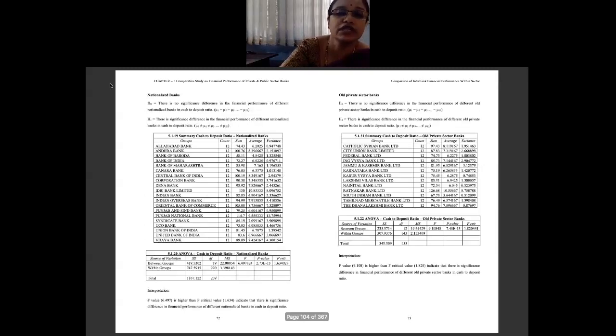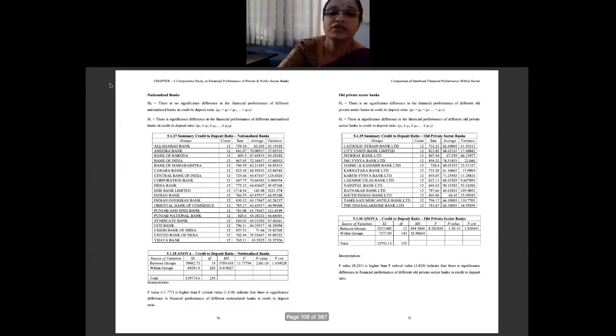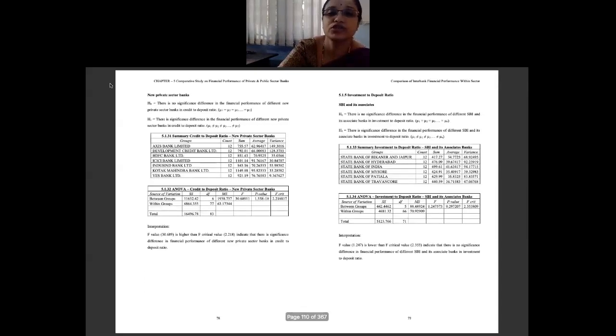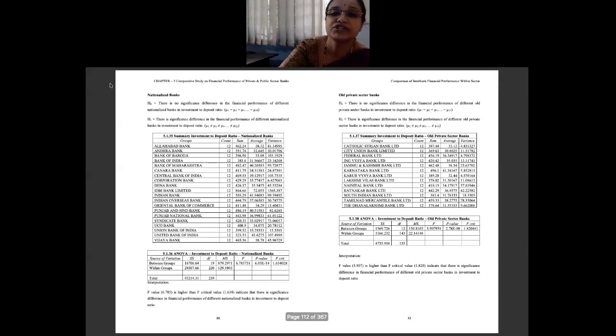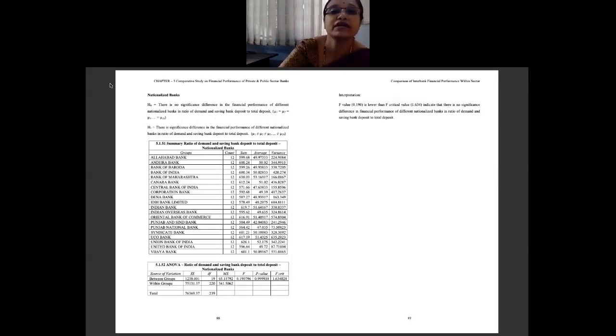They have given that in the form of an ANOVA table, because they have various different variables here that have to be measured. So different banks here. They've analyzed between groups and within groups. They've found out the F value, and for each F value, they've given the interpretation. This is the way they have done the comparative analysis.